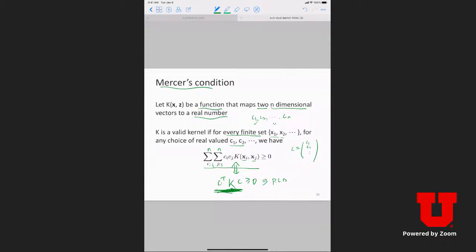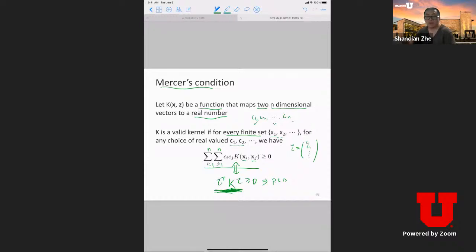This c is a vector concatenating all the c values here. Perhaps I should add a bar here to emphasize this is a vector. If you write out any quadratic form, like z transpose M z, and expand it, it is this double summation term with indices i and j.